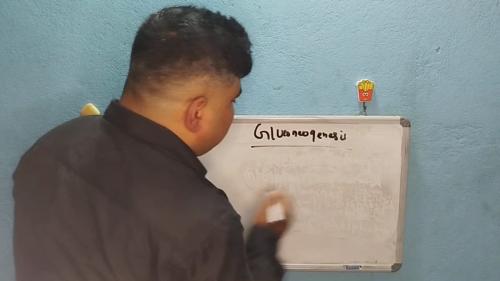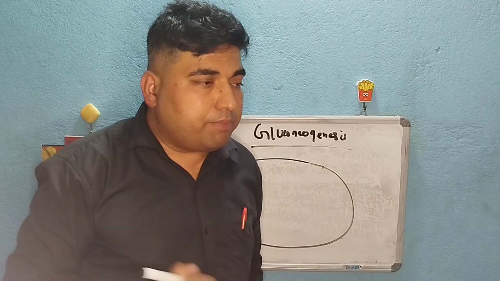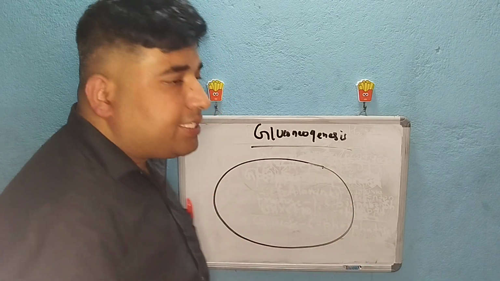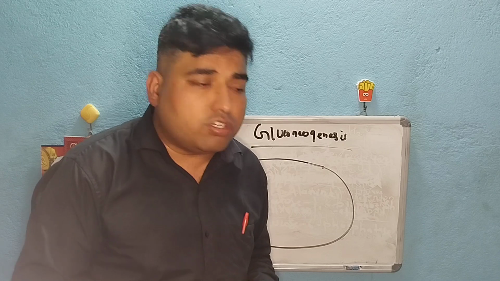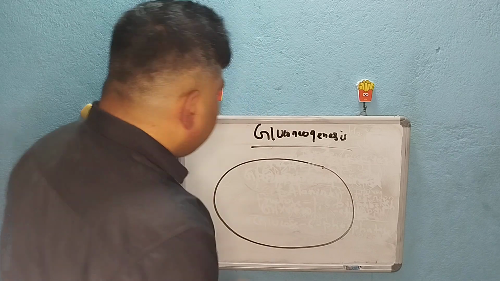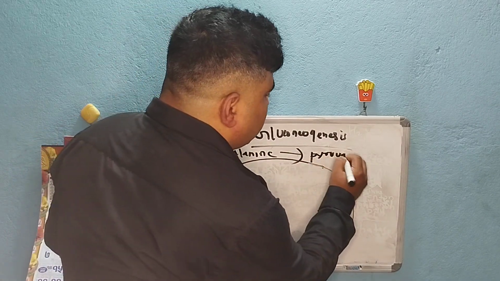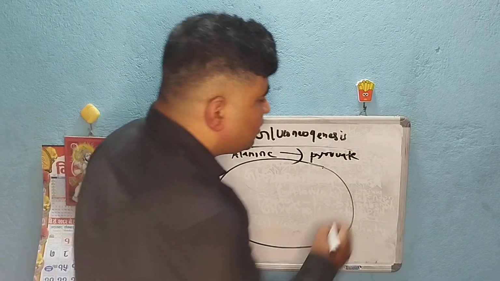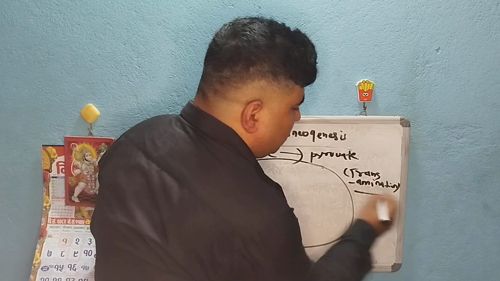The process of the malate shuttle happens in the mitochondria. As I told you previously, there are multiple non-carbohydrate sources that are part of gluconeogenesis. One of them is the amino acid alanine, which is converted into pyruvate by transamination, and transamination requires pyridoxal phosphate as a coenzyme.